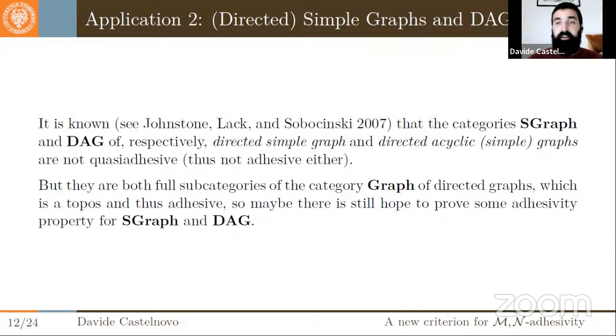Again, this machinery allows you to prove M N-adhesivity properties, but it doesn't suggest if the M N-adhesivity property that you get is useful for your modeling problem.